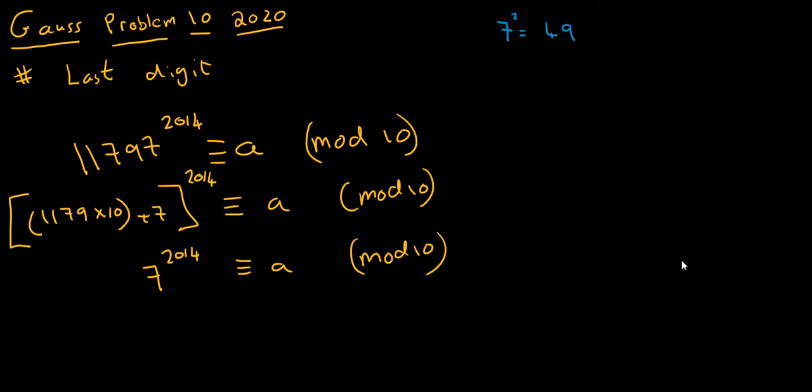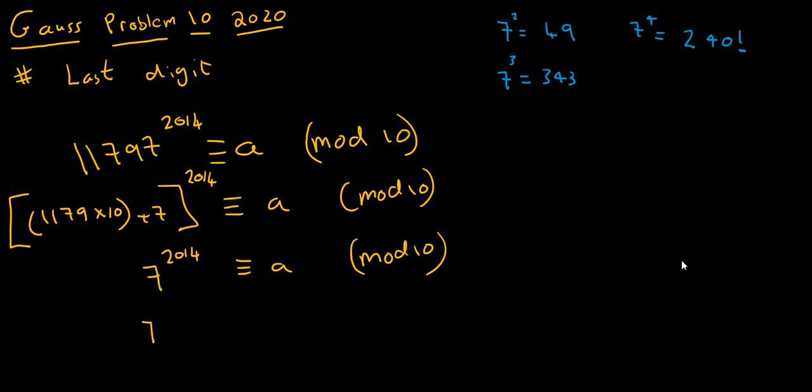This doesn't help us. 7 cubed is 343. That does not help us. 7 to the 4 gives us 2401. Okay, so in mod 10, 7 to the 4 is 1.